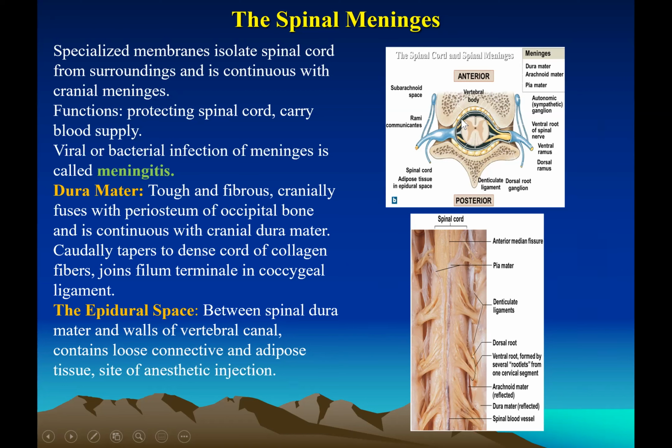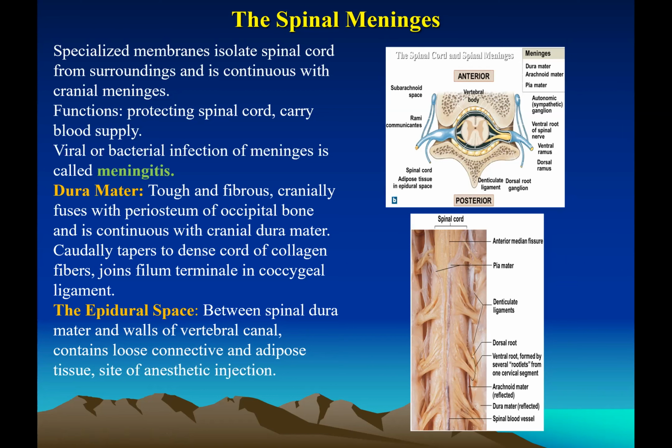You've probably heard that if the meninges is infected by bacteria or virus, it's called meningitis. There are three main layers protecting the spinal cord. The dura mater is the outside, very tough, fibrous connective tissue. Cranially, it fuses with the periosteum of the occipital bone. It is continuous with the dura mater of the brain.